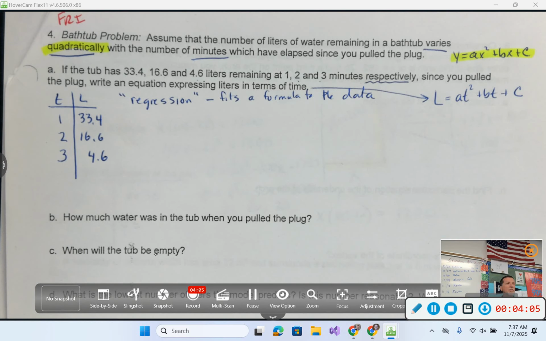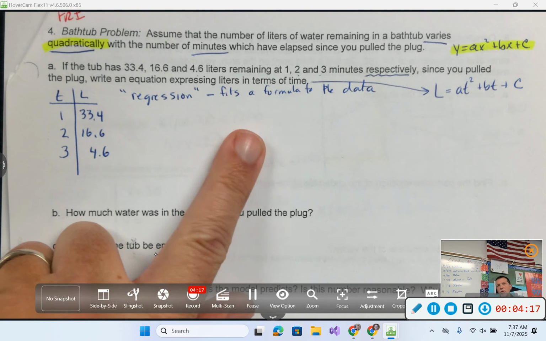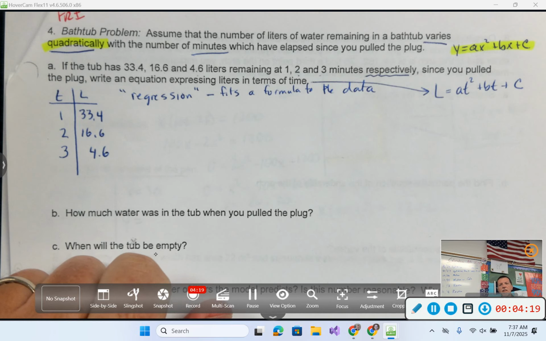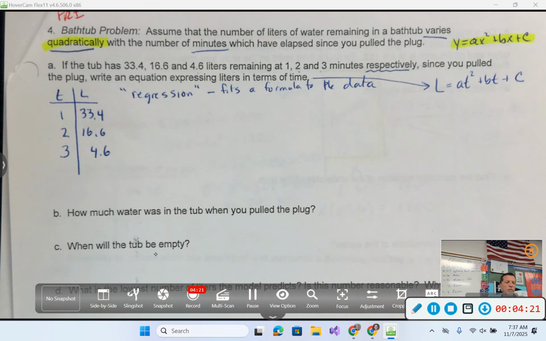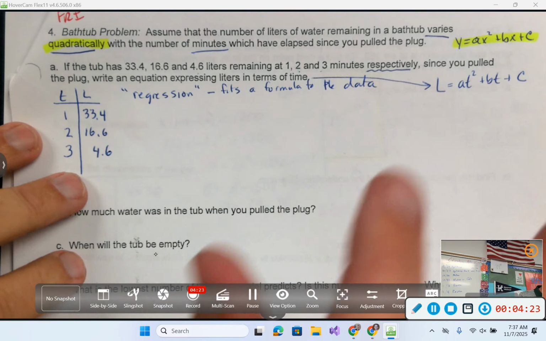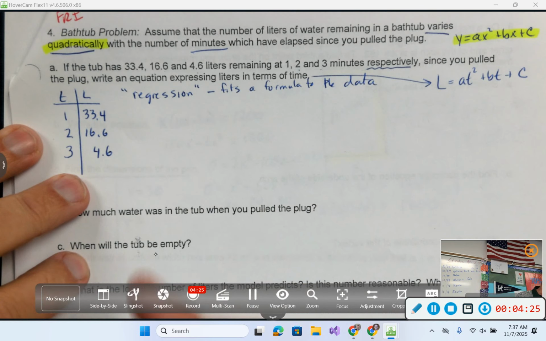This really is real world stuff here. You take some data, but you want to know, well, what is going on here? Is it quadratic? Is it linear? Is it exponential? And so you try different regressions and see which one fits. Now, this one they told us which one fits, so that's a little bit easier than if you were just out trying to figure this out on your own.